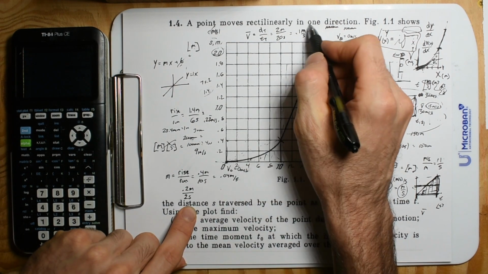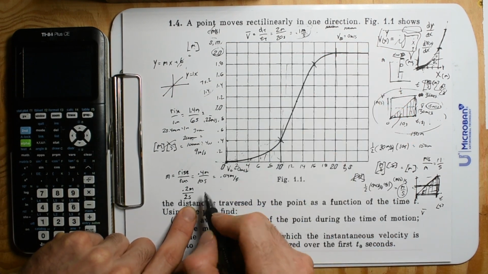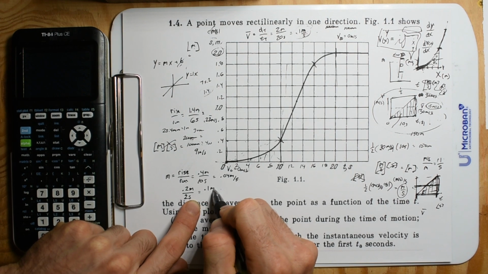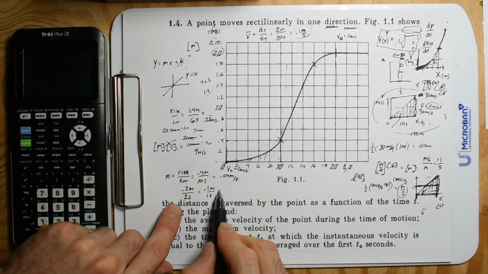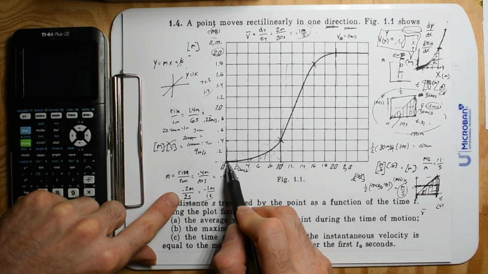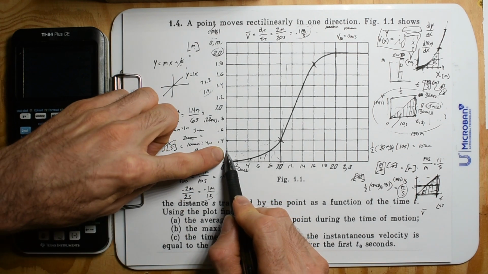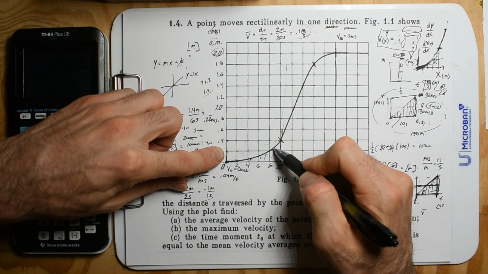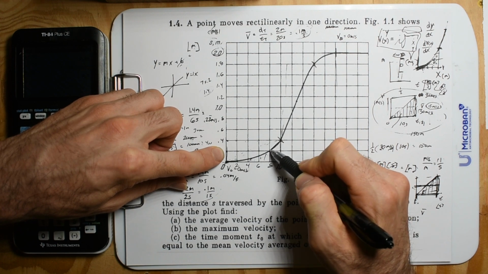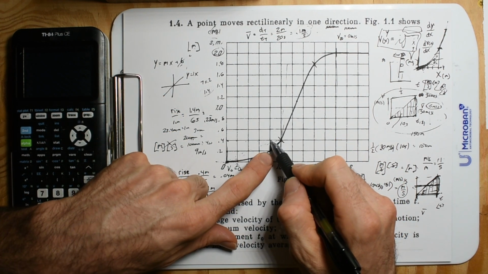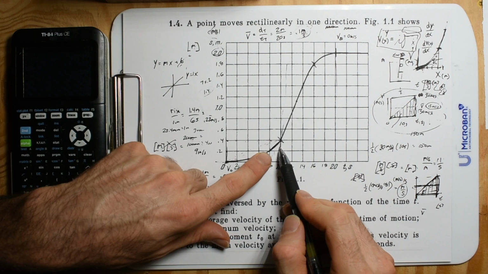See how the slope here for our average velocity is the same as 0.1 meter per 1 second. These are the same. So wherever we can find that we go up 0.2 meters, but we go over 2. So it looks like right there. Right there's a pretty good representation of going up 0.2 but over 2 seconds.